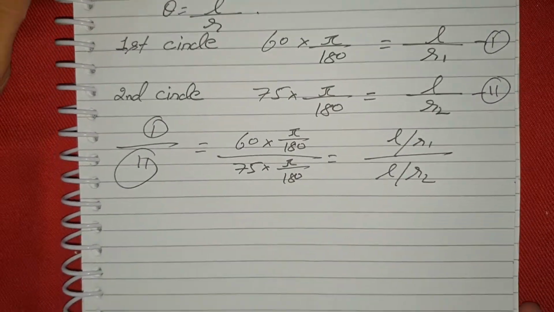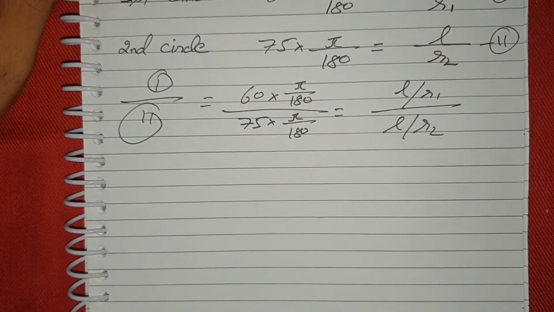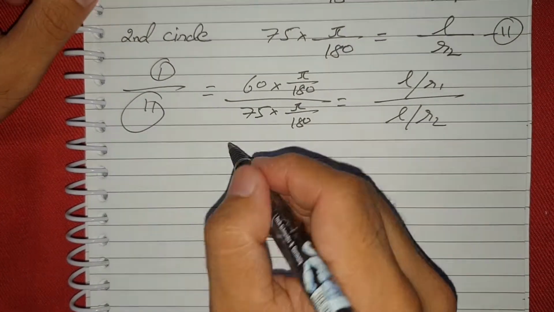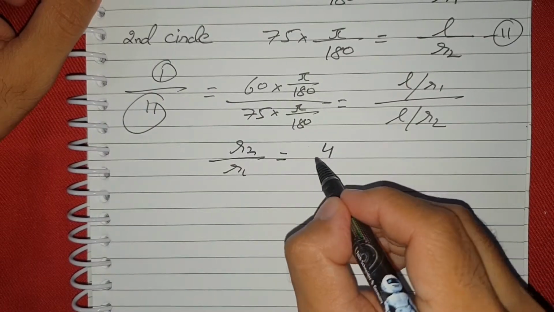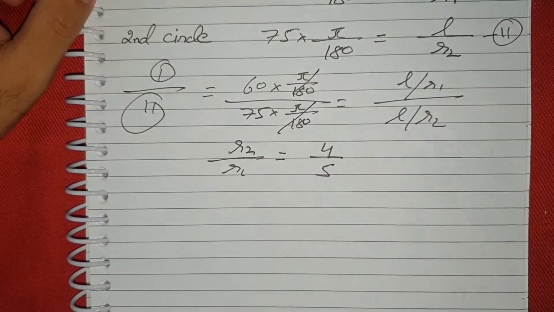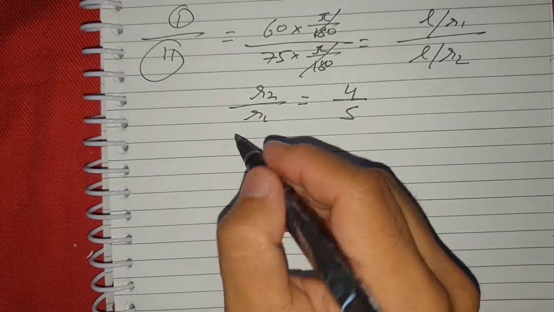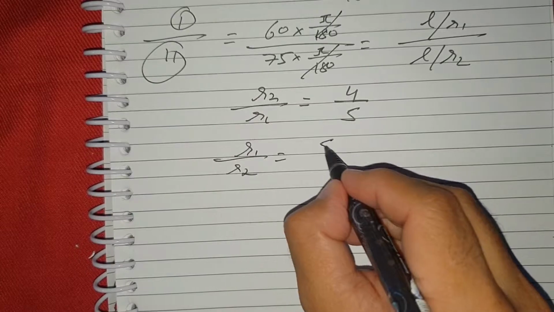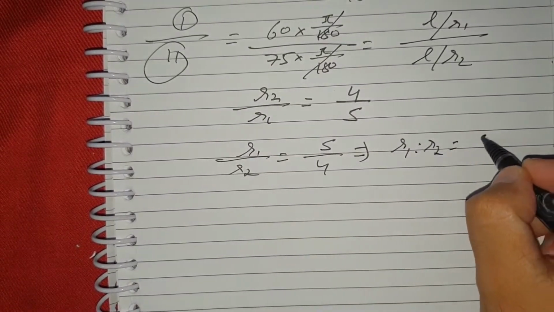Now on solving this, this will actually be reciprocated. So you will get the ratio in R2 by R1 form, which is equal to 4 by 5. And this pi will also cancel. Actually directly these two will get cancelled. But we have to find R1 by R2, which is 5 by 4. This implies R1 is to R2 equals 5 is to 4.